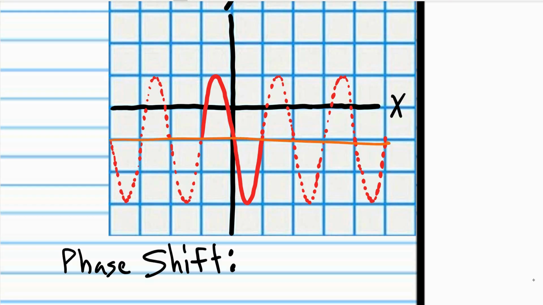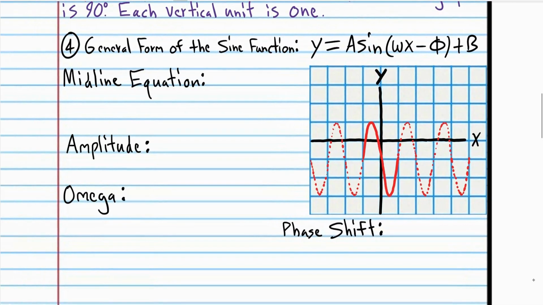Well, the middle of the graph is obviously right here. Usually we use an orange dotted line. That's this line here, and you can see that's y is equal to -1. It's right below the x-axis. So y is equal to -1. What does that mean? It means that b is equal to -1.